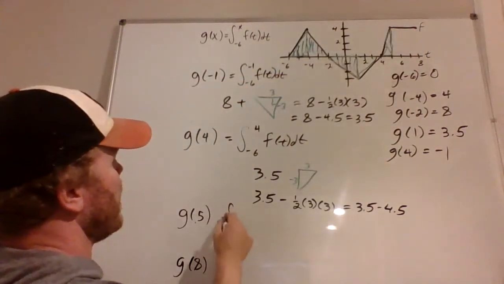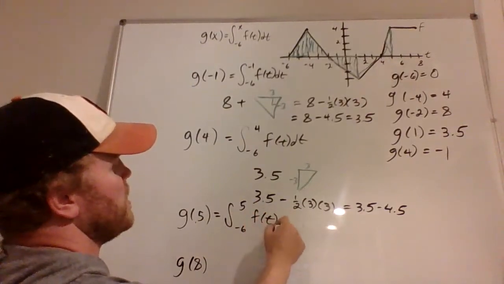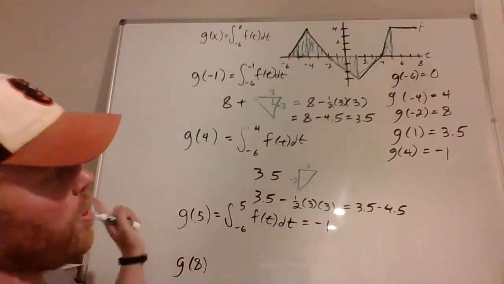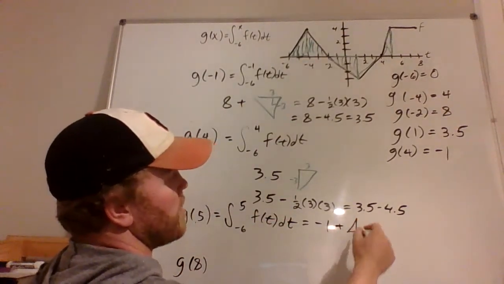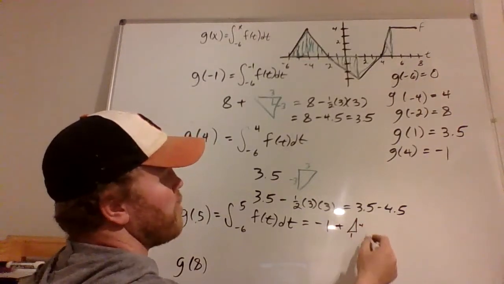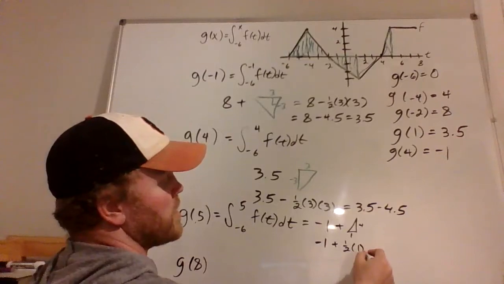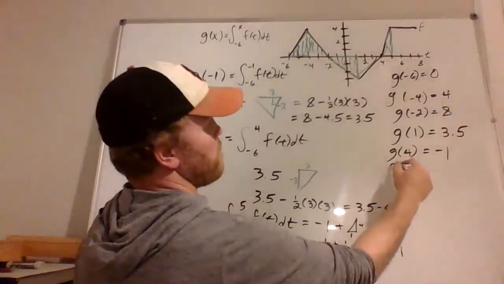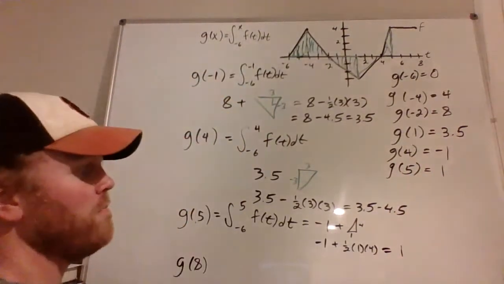So g of 5 would be you integrating from -6 to 5 of f of t dt, which would be the -1 you've accumulated all the way up until you got to 4, plus an extra triangle that is 1 by 4. So that should be -1 plus half of 1 times 4. That's plus an extra 2, so that should just be 1. So even though it didn't ask you for g of 5, that winds up being 1.